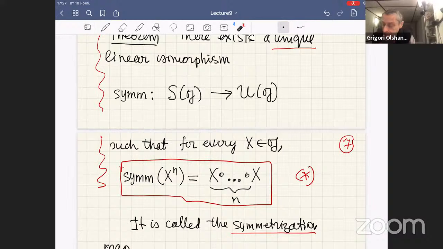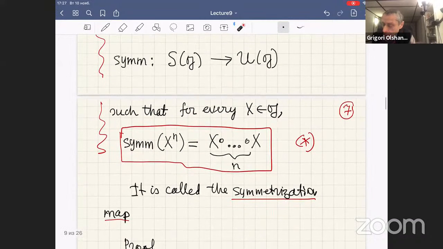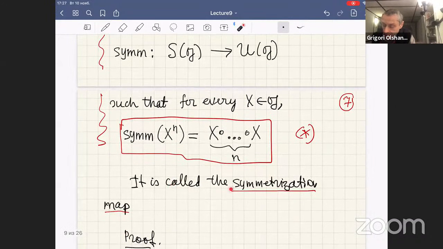So all this seems to be trivial, but let's think a little bit what this means. So this is the symmetrization map.